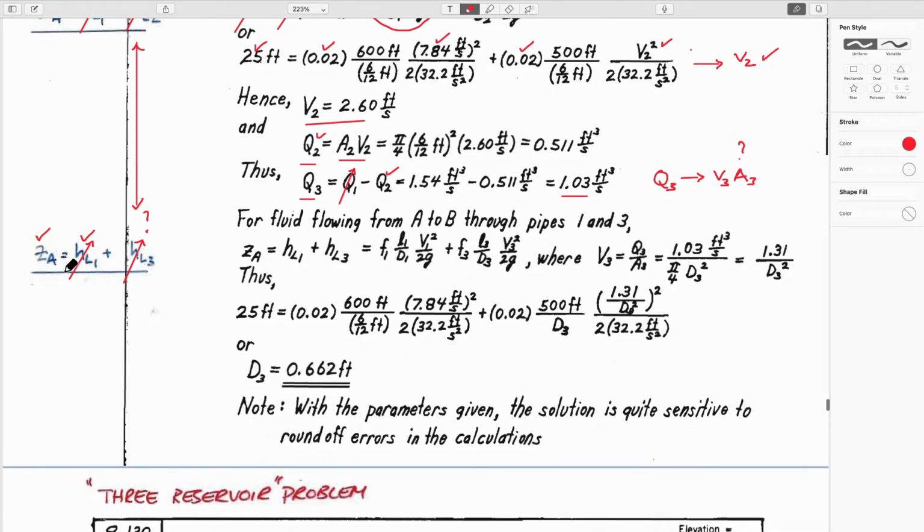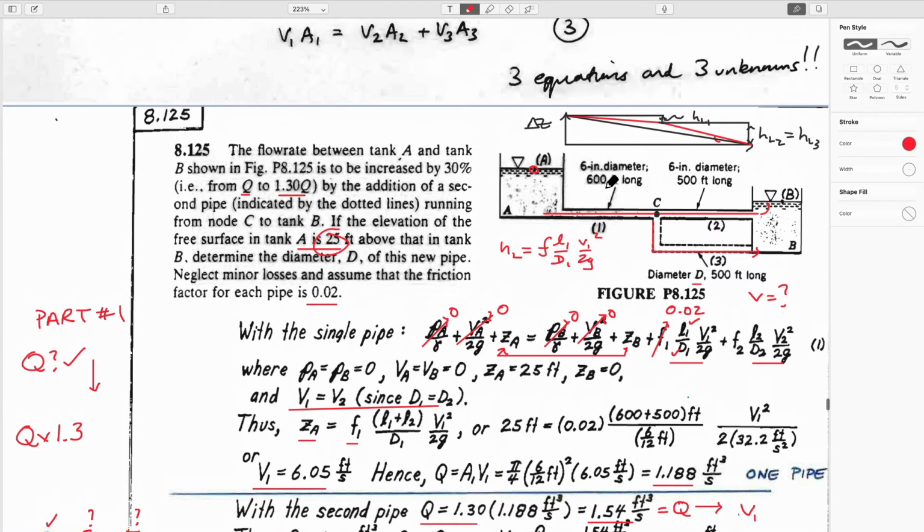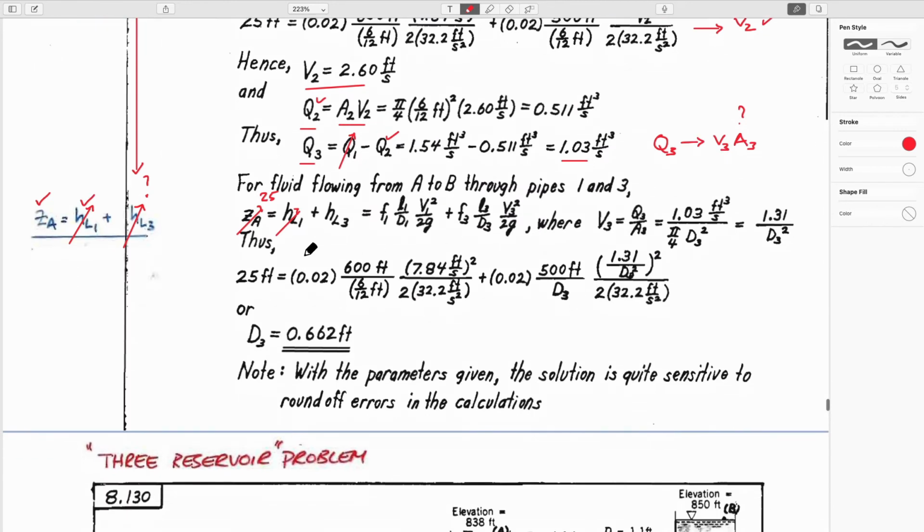So now we can go back to this expression. We know this, 25 feet. We know this head loss because we've calculated it before. It's this amount here. It's controlled by this velocity here. So we know what that is. The only thing here is we don't know what this term is here. We can calculate the velocity that we'd have to have here, but we don't know what D3 is, right?